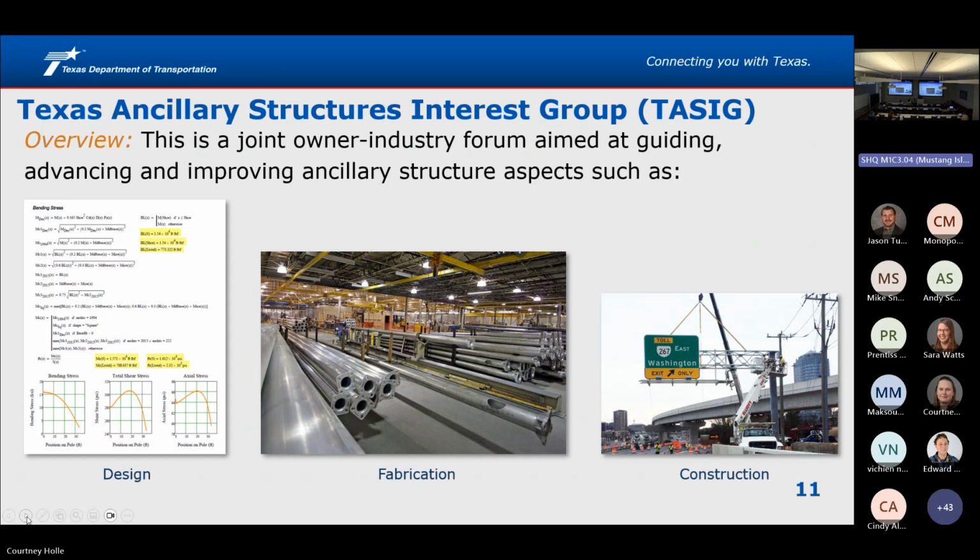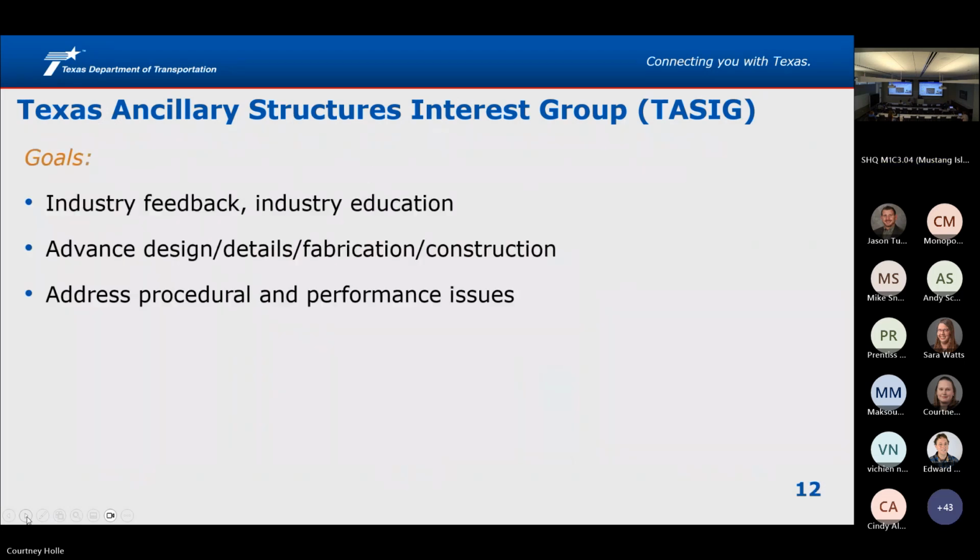We're trying to look at it from all angles so that we can develop good details and practices that are used down the line. So the goals are industry feedback, industry education, to advance our design, details, fabrication, and construction, and address procedural and performance issues. So if we're seeing something in the field that can be addressed with better details and design, then let's go ahead and implement those in our standards.